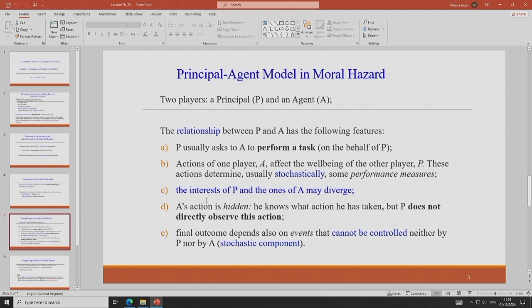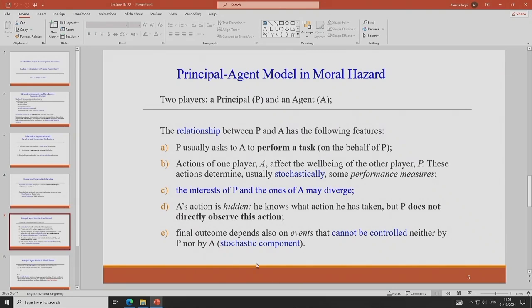But the key one, the textbook application of this, is the relationship between employer and employee, where it's very clear who has all the bargaining power and who has less. Okay? So there is somebody that's going to decide the conditions, and what the agent can do, as we will see in a minute, as options, is only accept or reject, but it cannot change the conditions. So this is another important feature of this relationship.